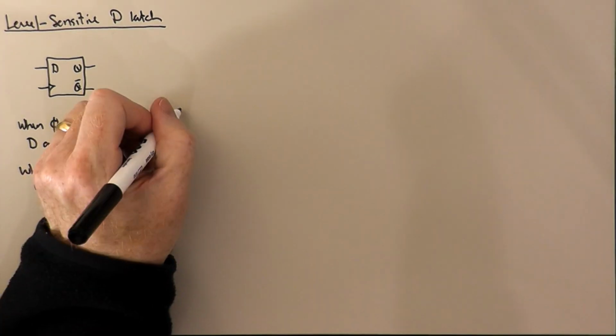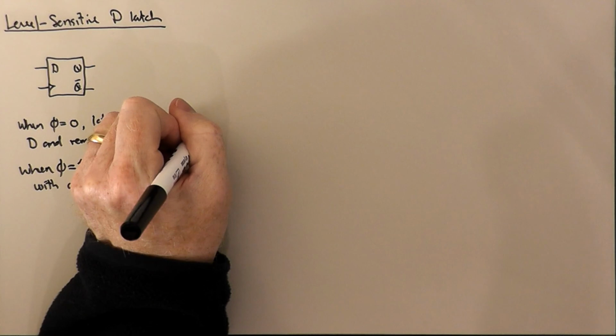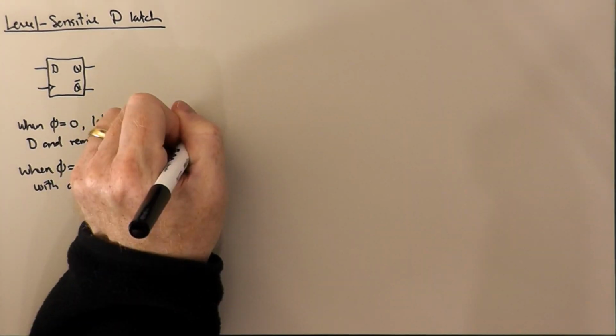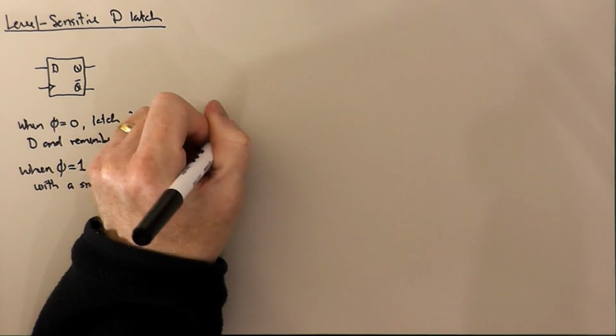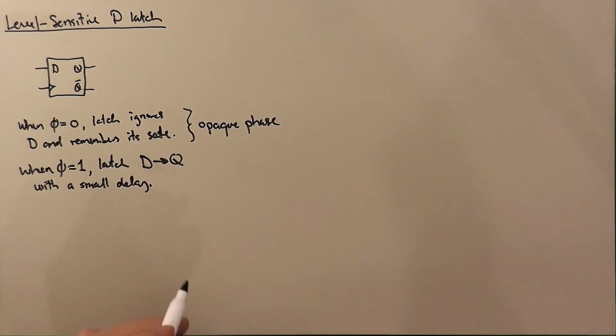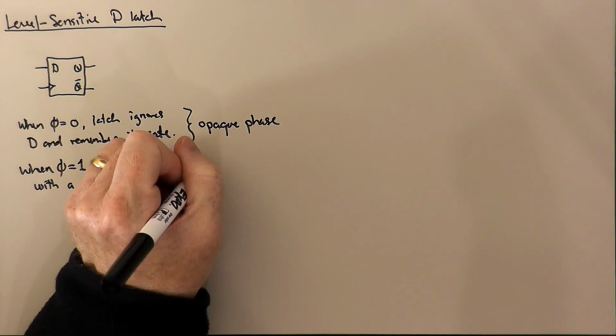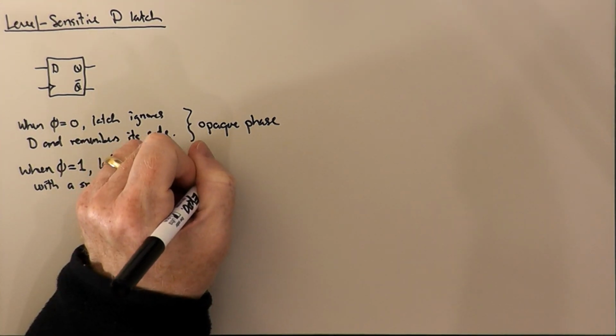I'm not sure I used this terminology last time, but this is typically called the opaque phase of the latch, where the latch is not allowing anything to flow through it. And this is sometimes called the transparent phase.